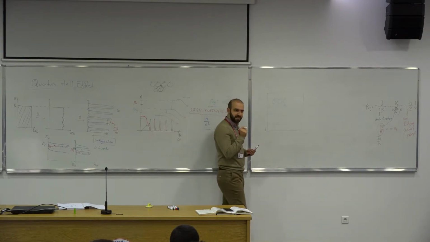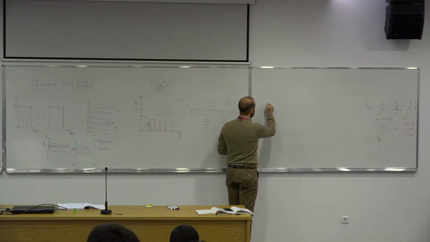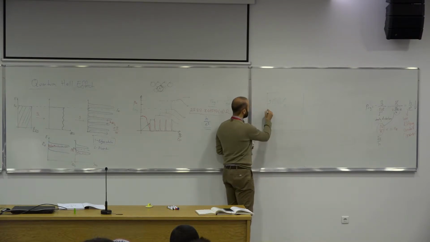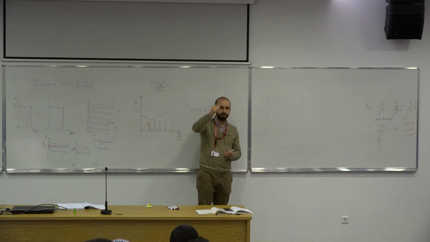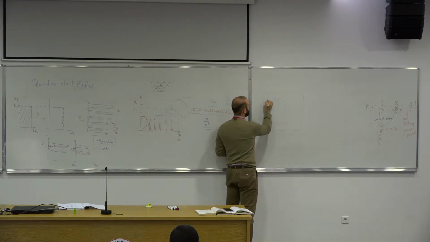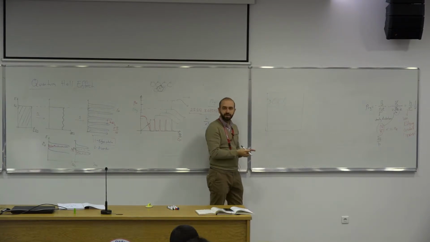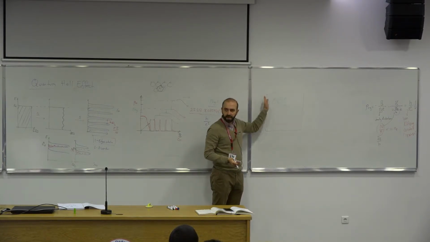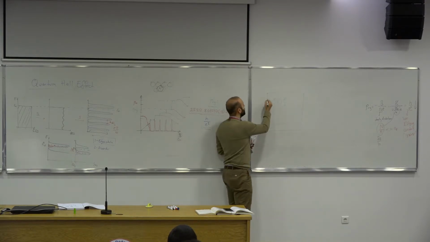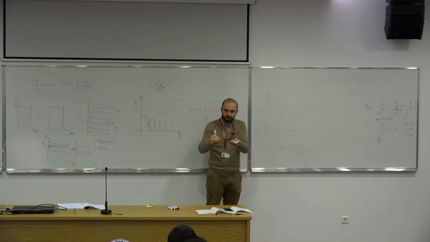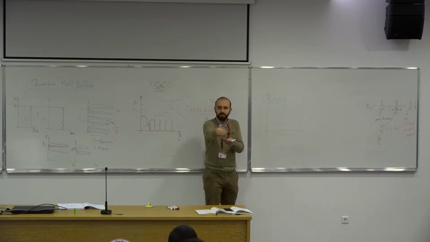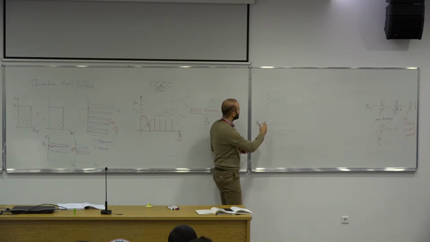But this system has its edges. So at the very edge, an electron will try to do this circular orbit as well. But before completing the full circle, it will hit the boundary of the sample. So the only scattering it can make is like this, but the magnetic field, as it bounces from the edge, will redirect it in the original trajectory.